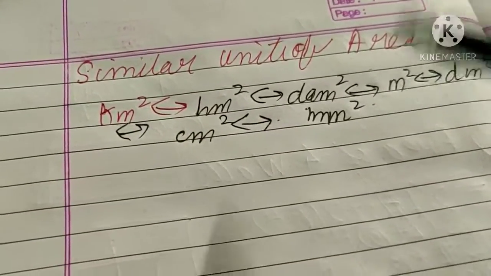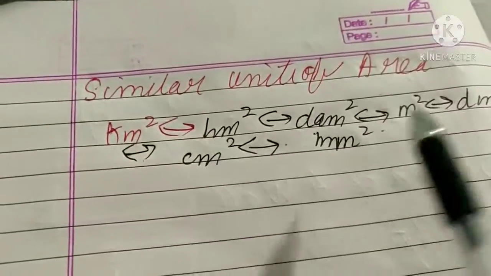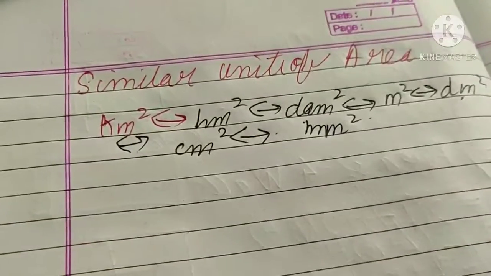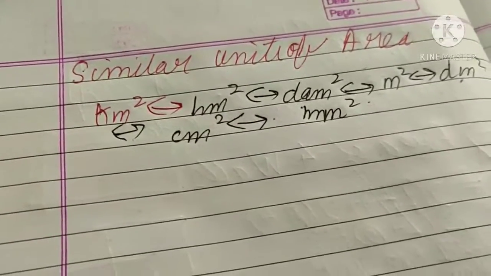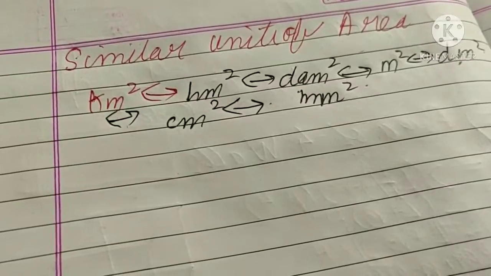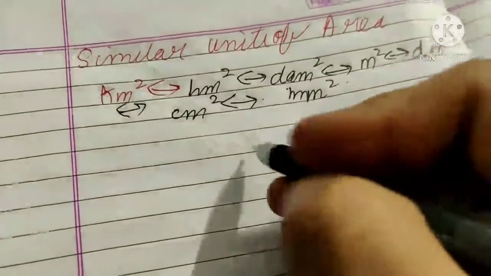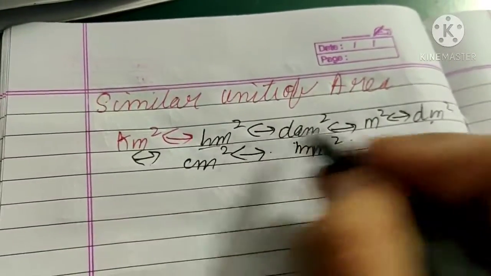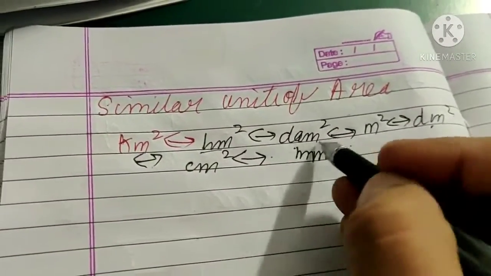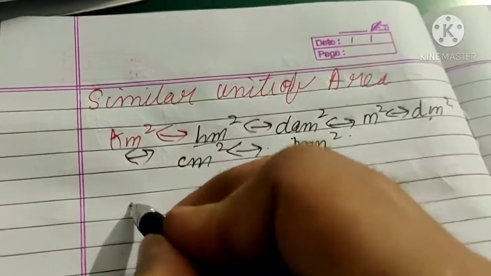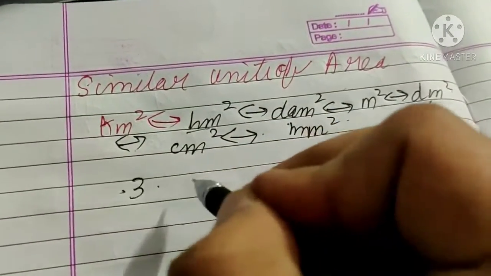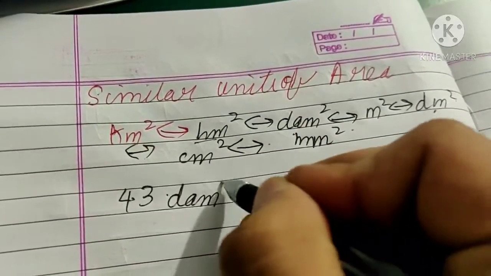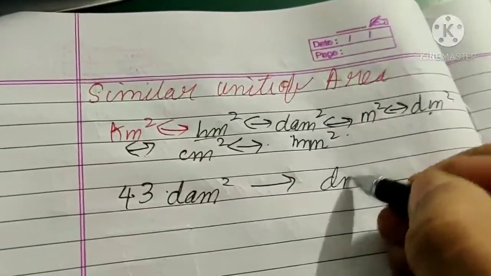In converting units of area like kilometer square, meter square, centimeter square, millimeter square, decameter square, hectometer square, you will not just multiply by 100 or 10. You have to multiply by the square of that number. Like converting 43 decameter square into decimeter square.